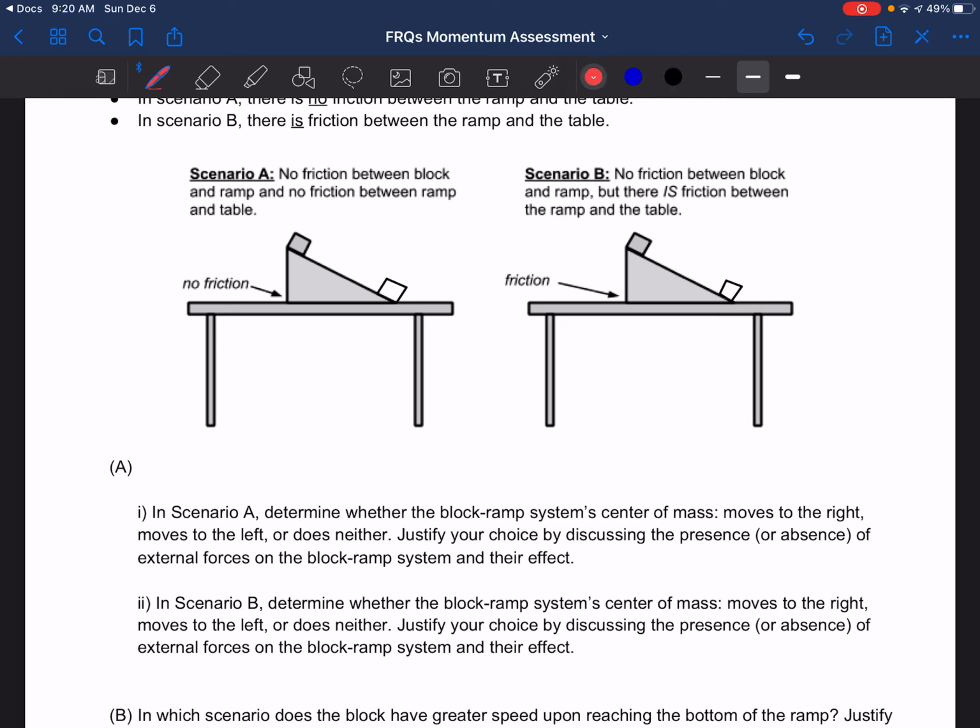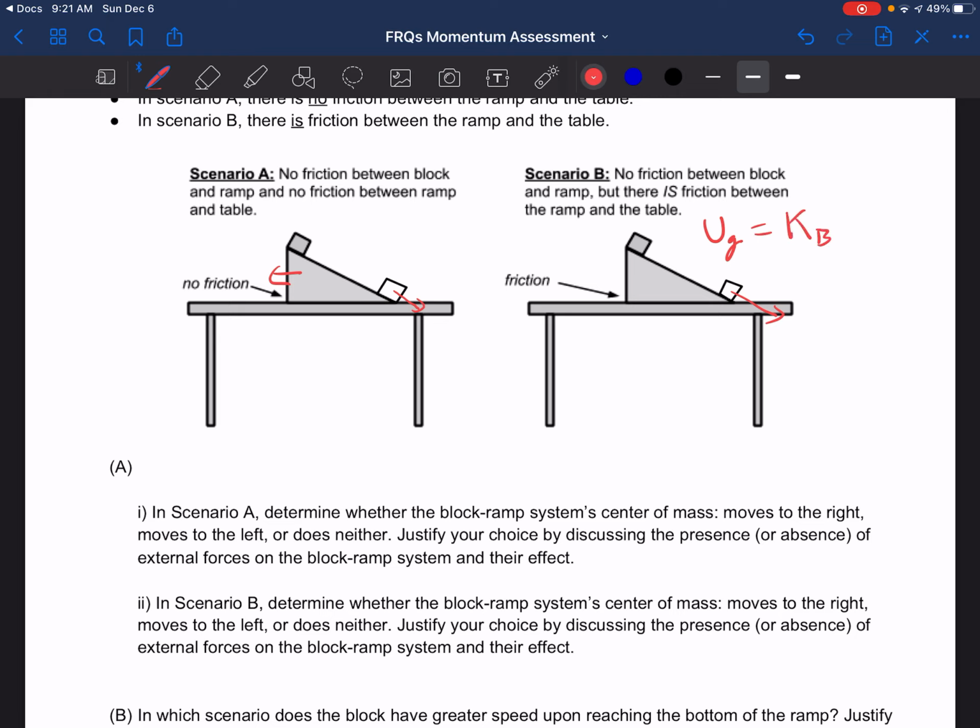Okay, so in scenario B, when the block reaches the bottom, it's moving this way. And in scenario A, when the block reaches the bottom, it's moving this way, but the ramp is also moving. So what that means here is that in scenario B, that initial energy, which was really just gravitational potential energy of the block and Earth together, is all going to be transformed into kinetic energy of the block.